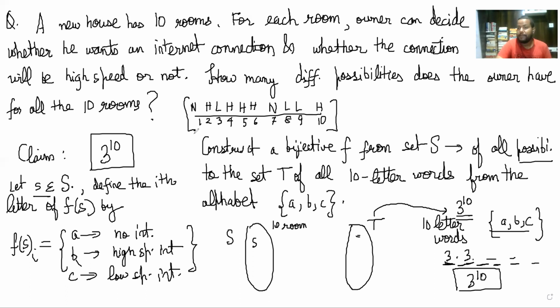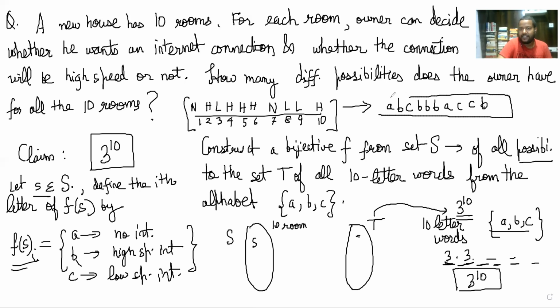This is one element of this set. Obviously, we'll construct a unique string of 10 letters for this particular element. So how do you construct it? You take the ith letter. If no internet, it is A. If high speed, it is B. If low speed, it is C. So then there are 3 more high speed: B, B, B, no internet A, low speed C, C, and high speed B.